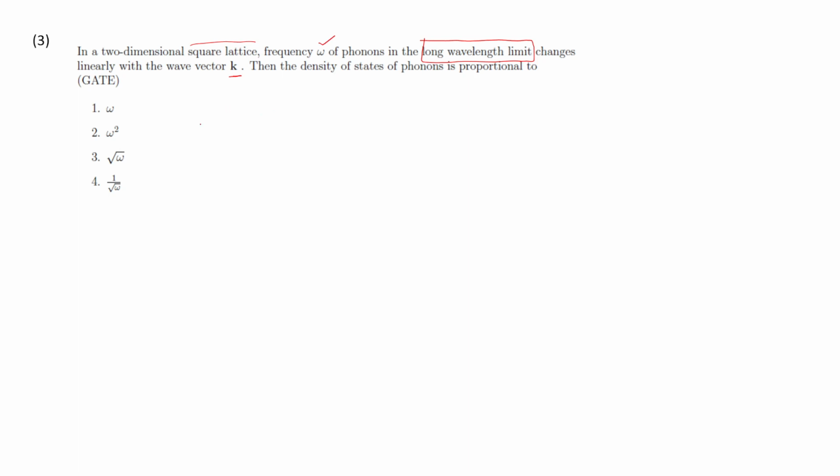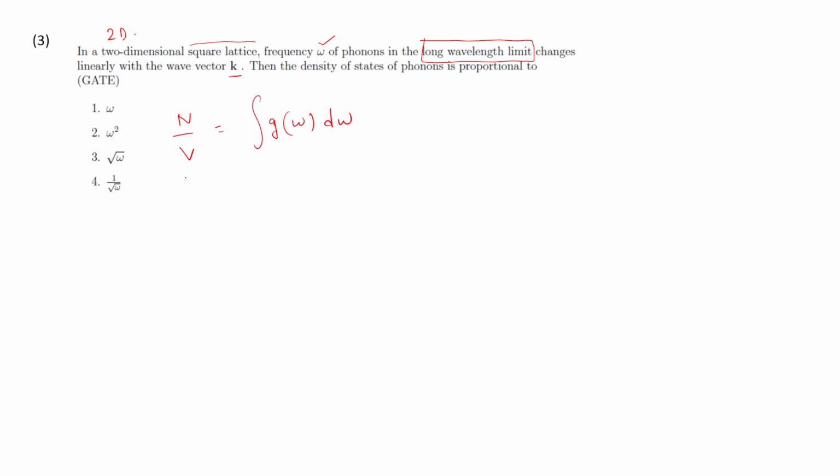The way we do this is, we have to keep in mind that it is a 2D system. We find the number of states, so the number of states per unit volume, n over V. We have to find it in terms of omega, so it will be given by something like this, d omega.